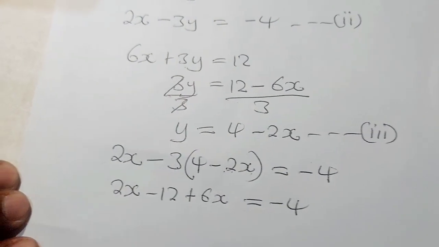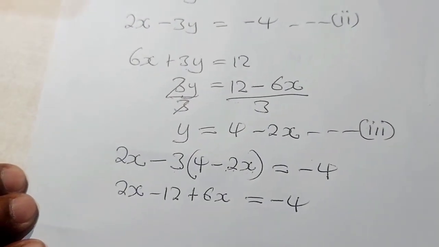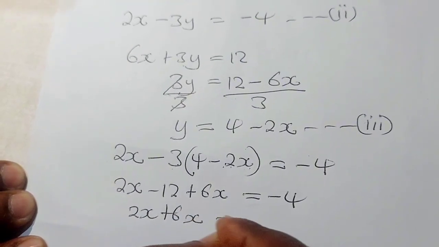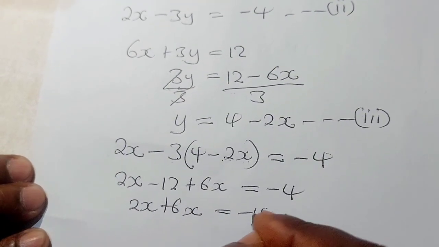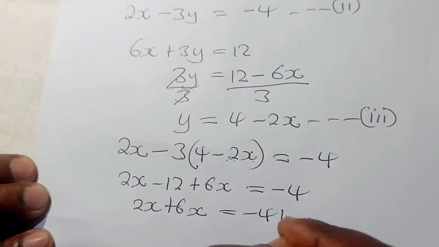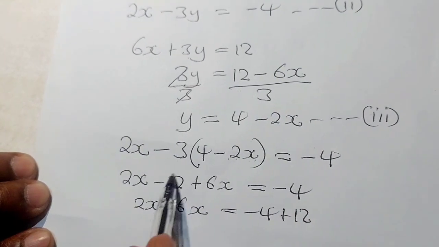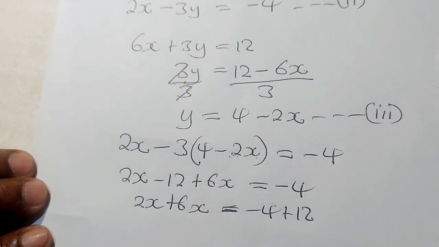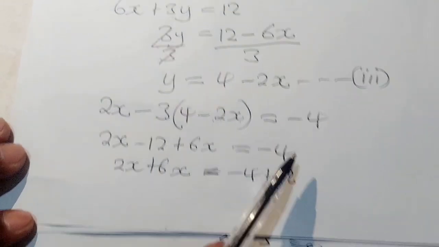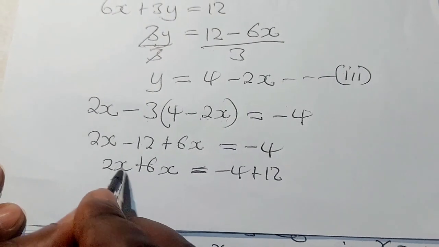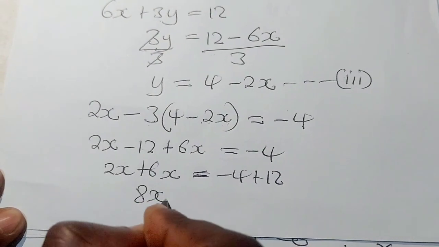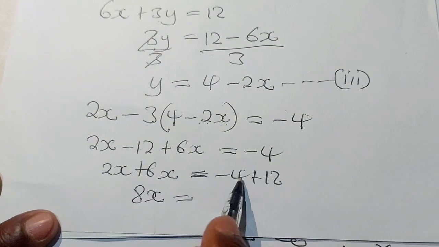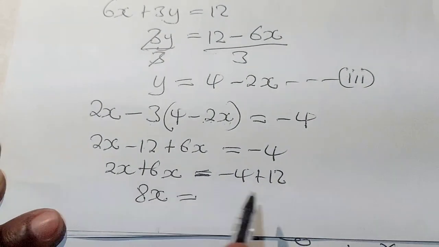So there we go, like terms together. So it will be 2x plus 6x equals negative 4 plus 12, because negative 12 has crossed the equal sign here and has given us positive 12 on the other side. So 2x plus 6x, we get 8x equals negative 4 plus 12.